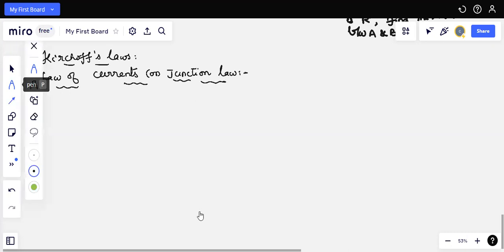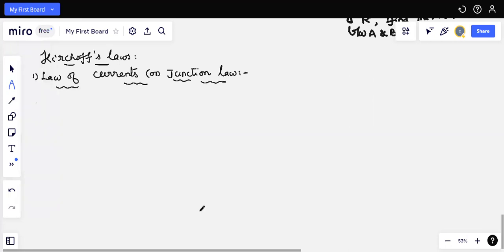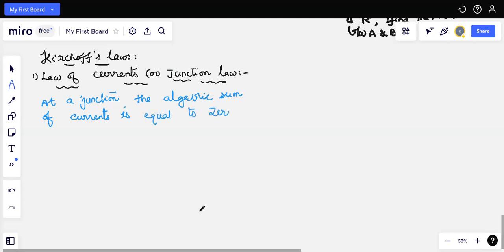If you come to here, what it says is that at a junction, the algebraic sum of currents reaching at a junction is equal to zero.